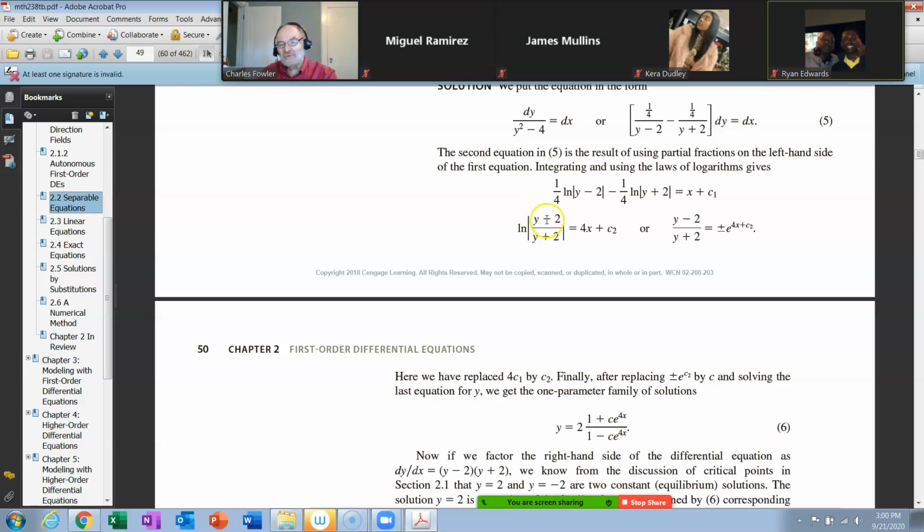The y equal 2 sort of sneaks by because that's okay. That's not an indeterminate form here, but y is equal to minus 2 is definitely not okay. Okay? Definitely not okay. All right.